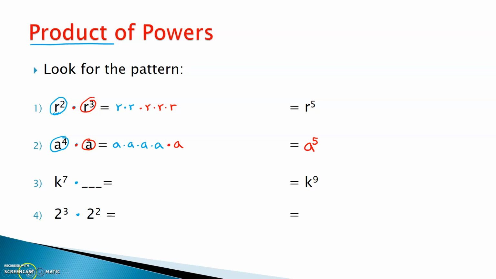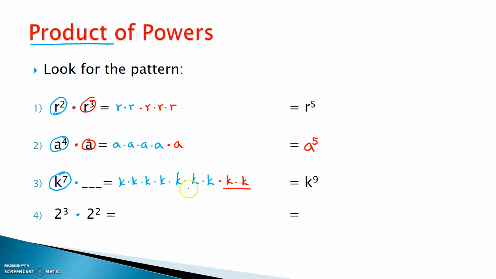What would the next one be? I'm leaving a little empty space here. I had k to the seventh power: 1, 2, 3, 4, 5, 6, 7. How many more do I need to get all the way up to 9? I need 1 and I need 2.